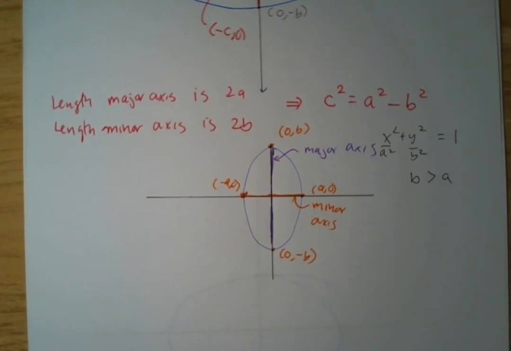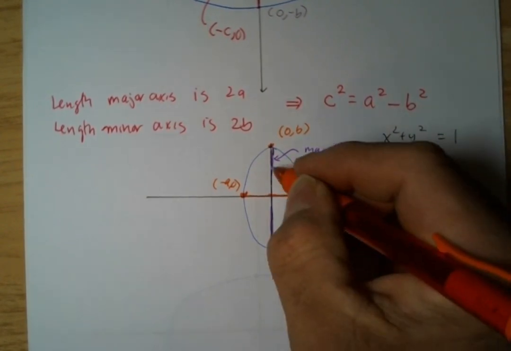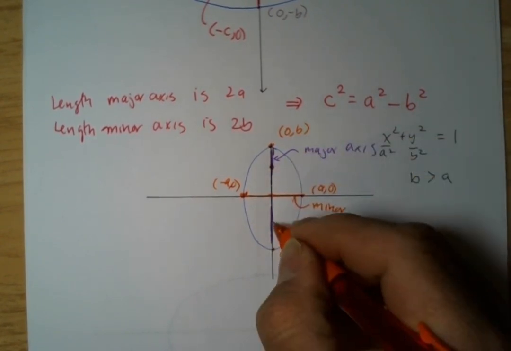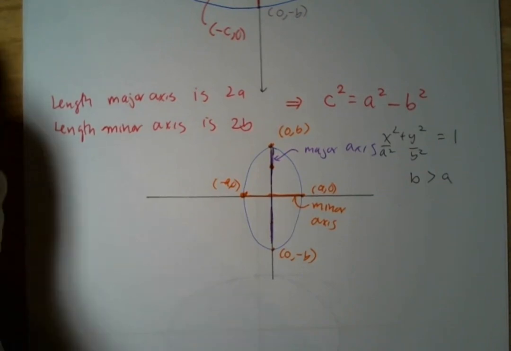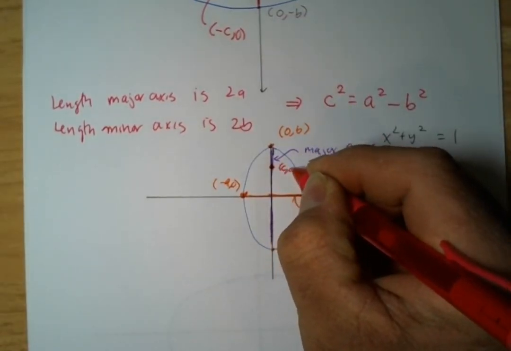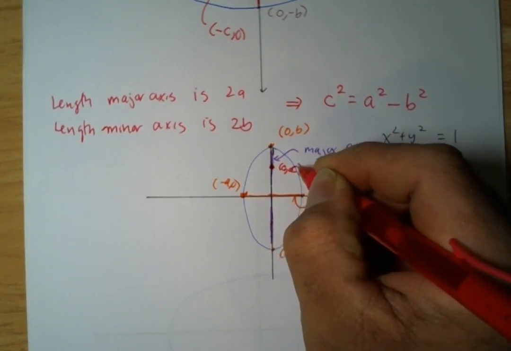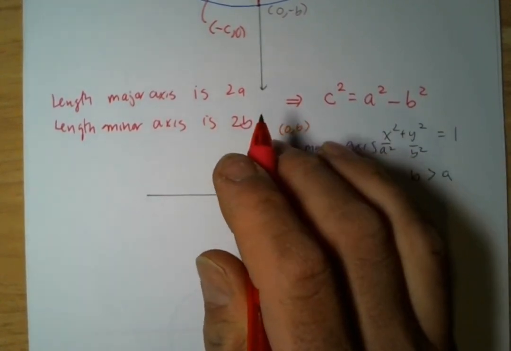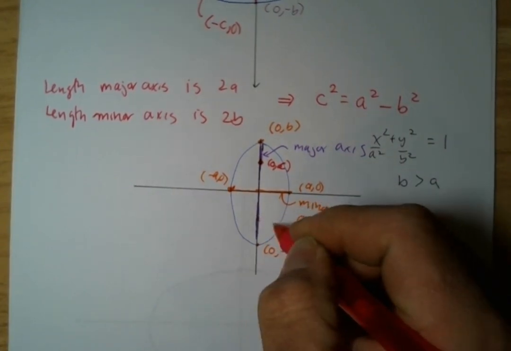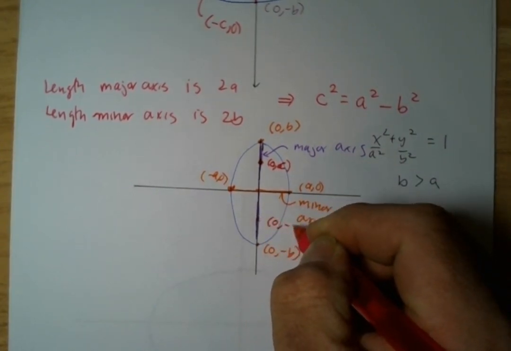Okay. All right, and now the foci in this case lie somewhere along the major axis, right? So the foci always lie along the major axis. So here, instead, the coordinates will be (0, c), and then down here, there will be (0, negative c).